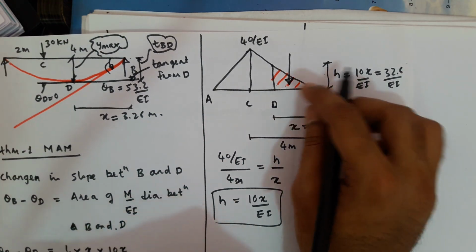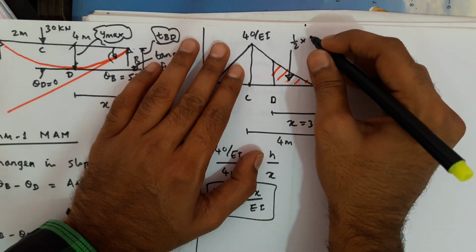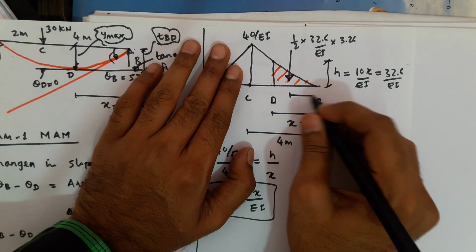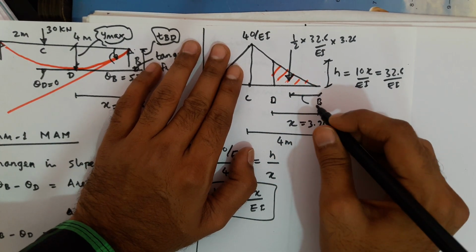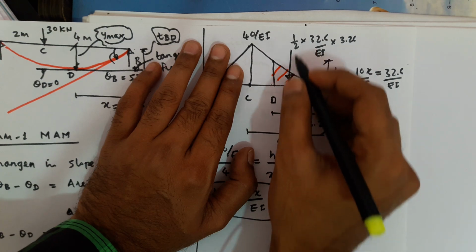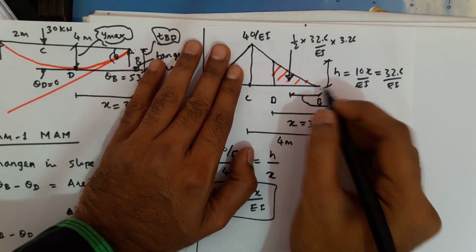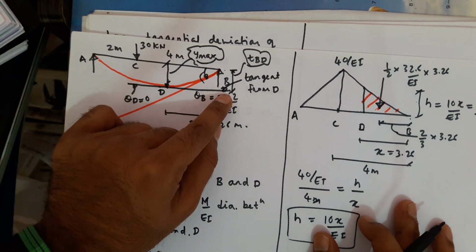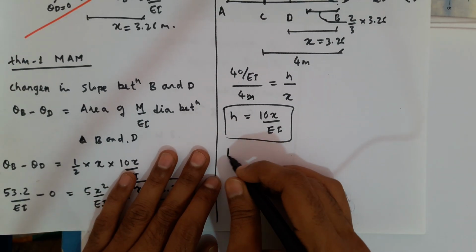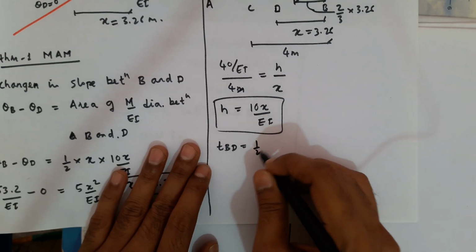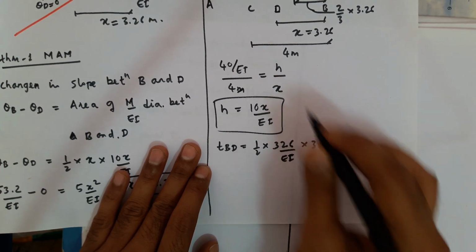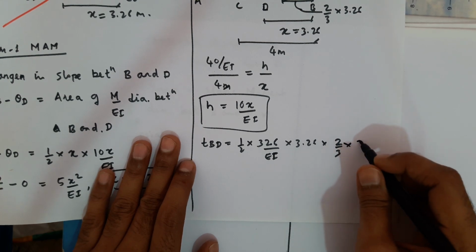So the total load of this shaded area will be half into 32.6 by EI into 3.26, and the perpendicular distance with respect to point B will be 2 by 3 into the base 3.26, because we are calculating the moment of this area with respect to point B so as to calculate the deviation of B with respect to the tangent from D. So TBD equal to half into 32.6 by EI into 3.26 total load. The perpendicular distance is 2 by 3 into 3.26.